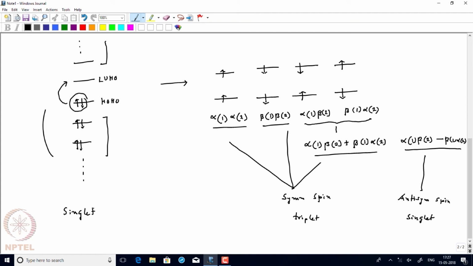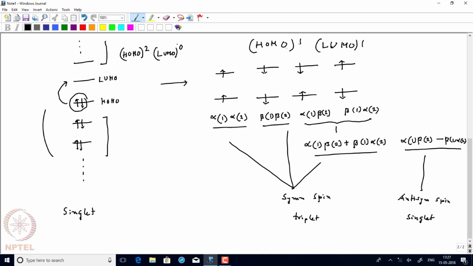So we call these kinds of configurations together HOMO minus LUMO. Basically HOMO has 1 electron, and in the same token as we do for atomic orbitals, it is nothing but HOMO 1 and LUMO 1, and here it is nothing but HOMO 2 and LUMO 0.